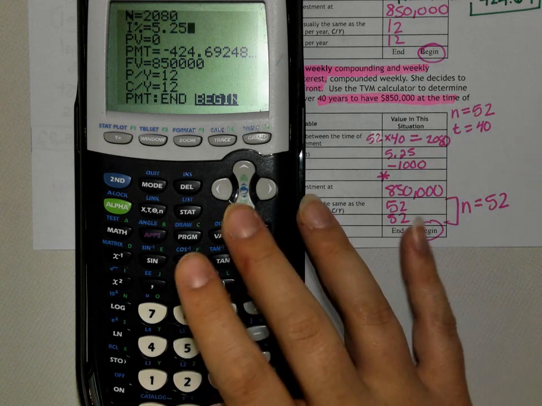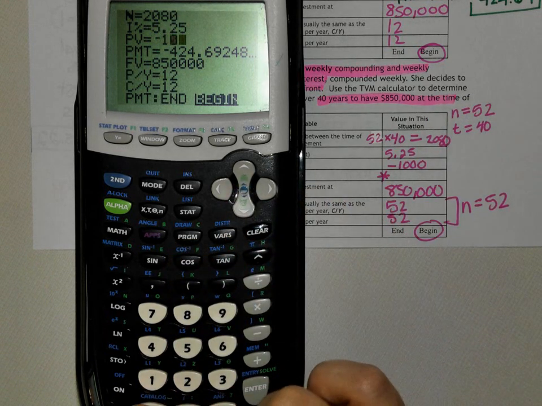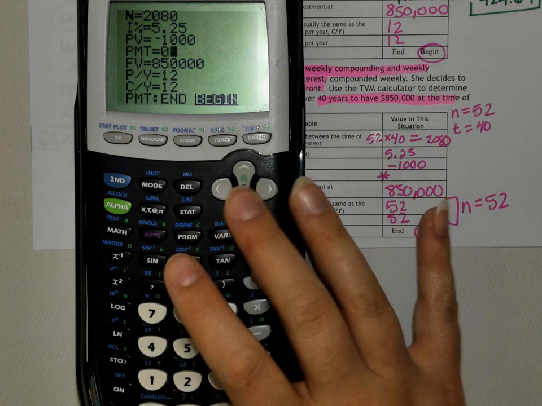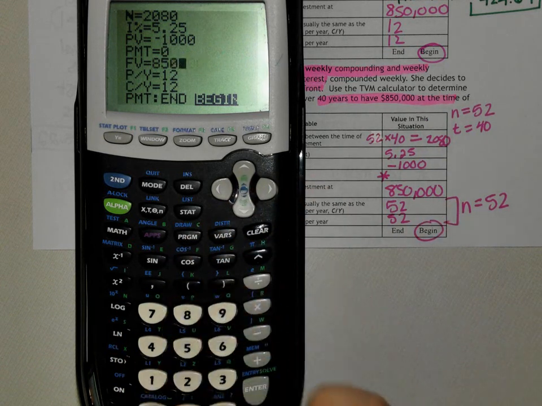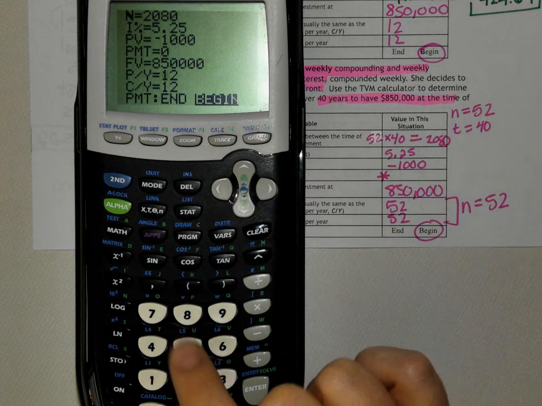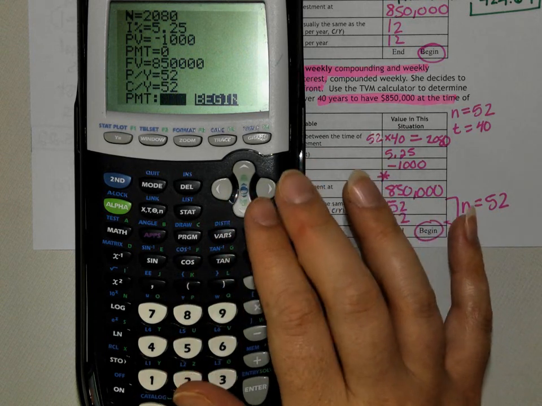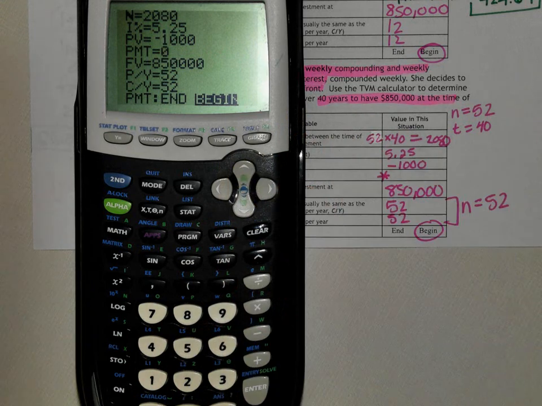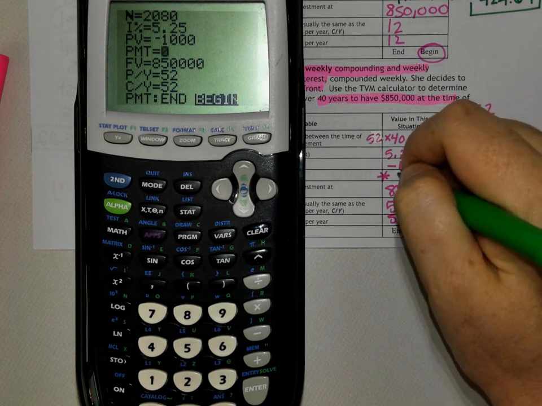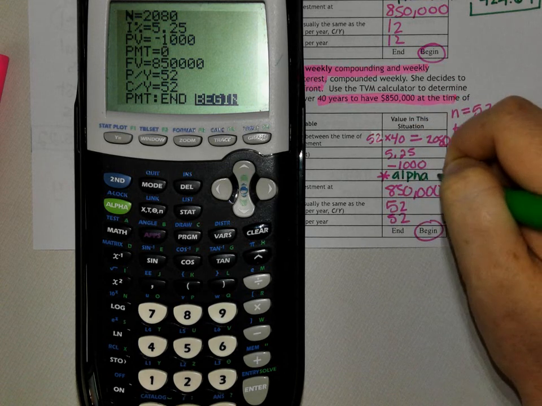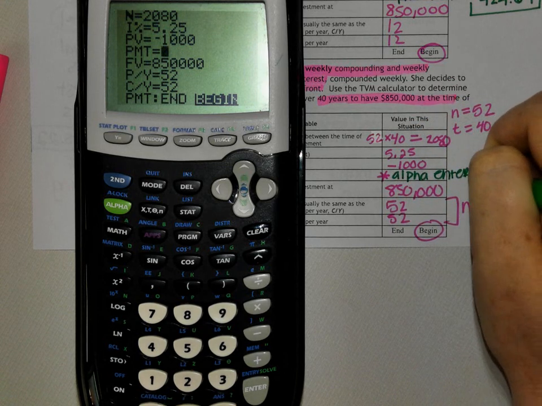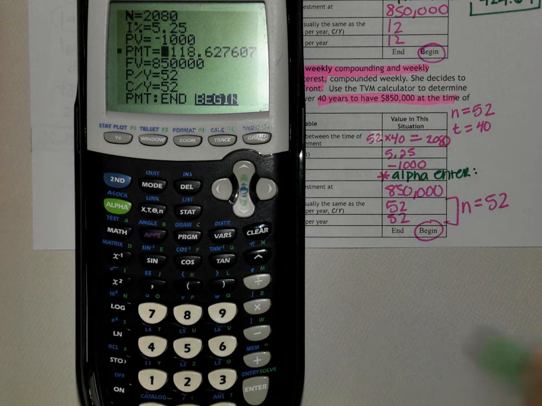Interest is 5.25. PV is negative 1,000. 850,000, 52, 52, and then beginning. Once everything is typed in, go back up to the thing that you're solving for, and hit alpha enter to calculate.